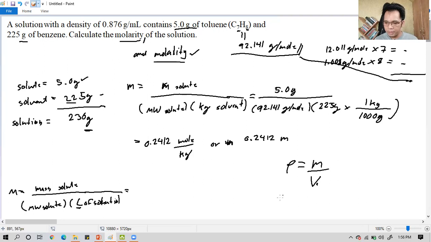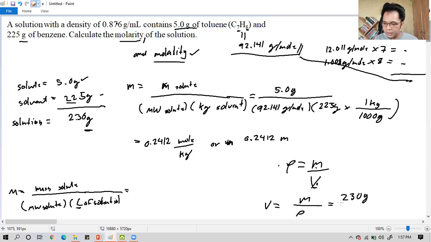The density is 0.876 and the mass is 230 grams. The volume is mass all over density. By criss-cross multiplication, the V goes down. These are just derivations. So, 230 grams for the mass.